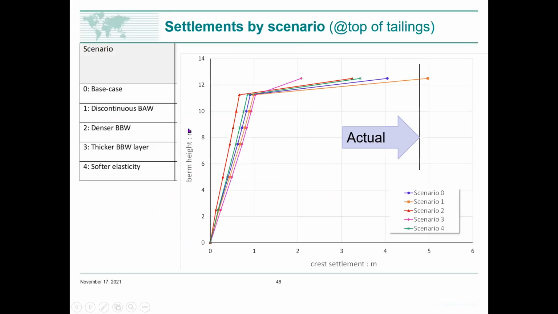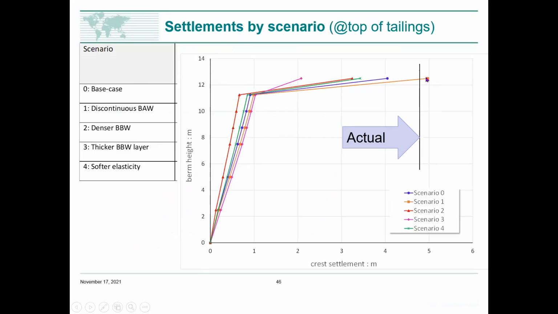If we look at the various scenarios and how they have come together, this is what we would see if we had a perfect settlement plate on top of the tailings just underneath the mat. This is the settlement you would observe from the various scenarios. As we're loading up, it's all very stiff until we put on that last perturbation, and then it goes pear-shaped. The blue is our base case scenario.